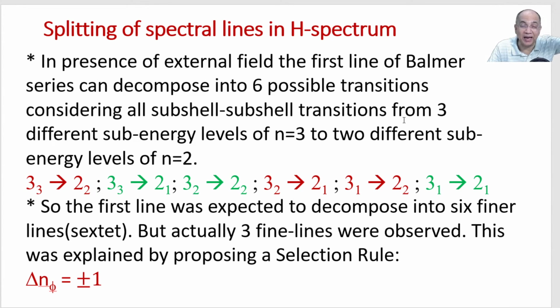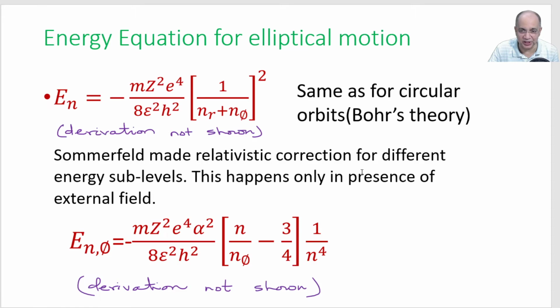That time, wave mechanics came about ten years later, in 1926, when Schrodinger propounded the wave equation, and then the n, l, m quantum numbers came into being. So at the time 1913 to 16, when Bohr was active, Sommerfeld modified Bohr's energy equation to this.